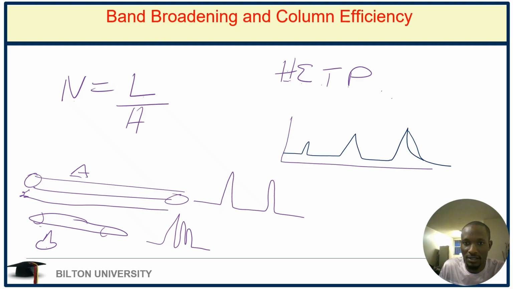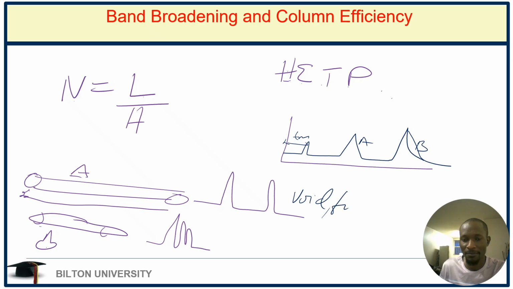So let's say this is our A and this is our B. A is the one which is first detected and then B is detected. But if you look carefully, there is a peak here. From here to this point we call it TM, the void time.